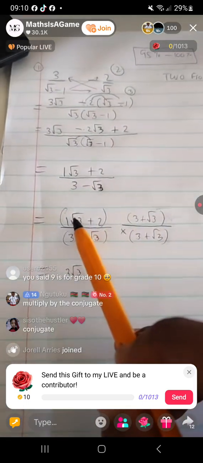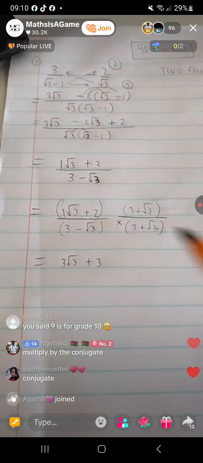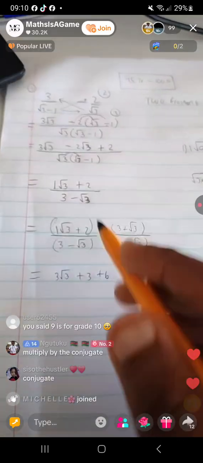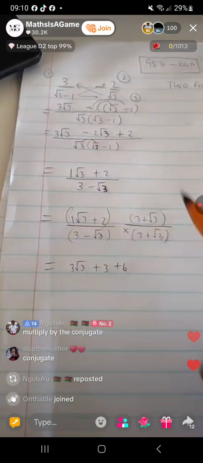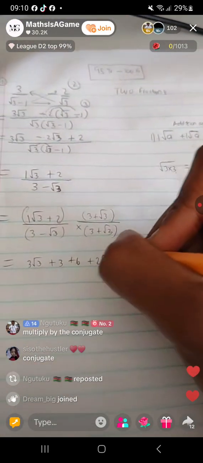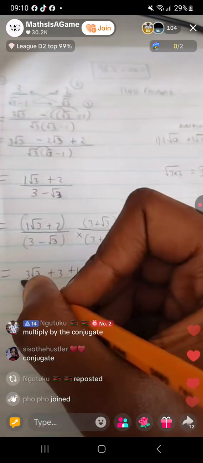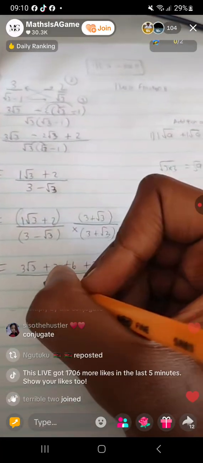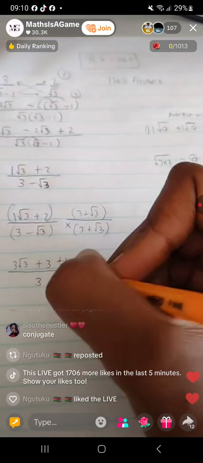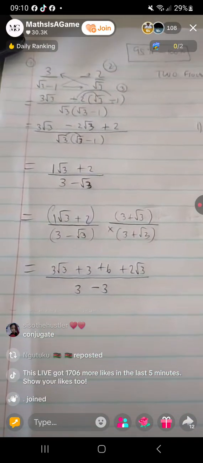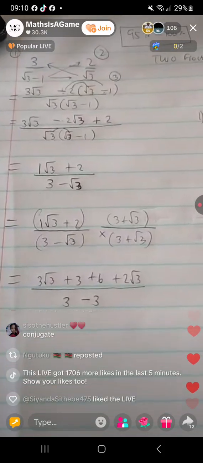plus 3. Root 3 times root 3 is going to give us 3. 2 times 3 is 6 plus 2 root 3. That's what you have in the numerator. In the denominator, we're simply going to have 3 minus 3. Haha, this is beautiful.